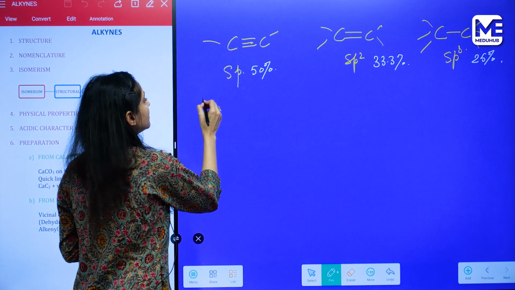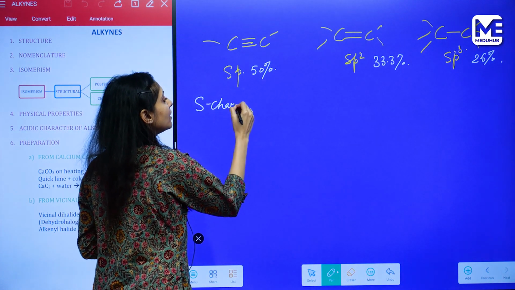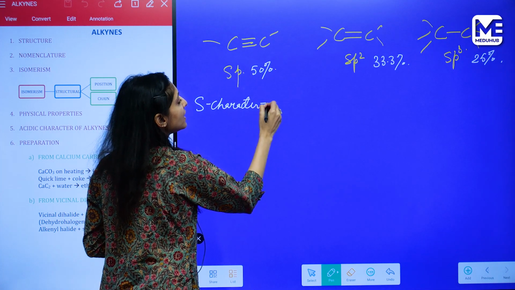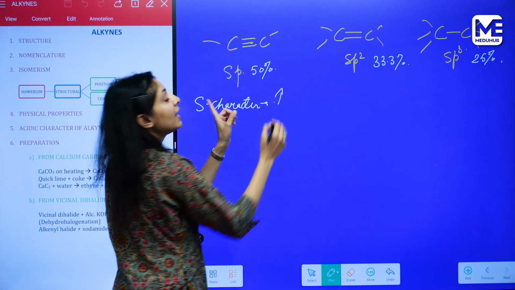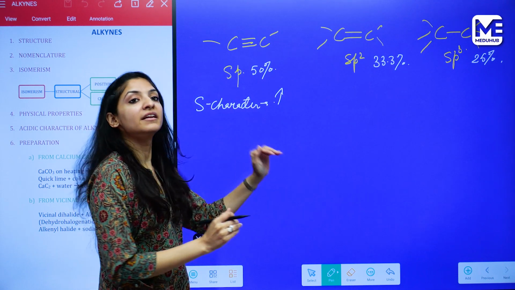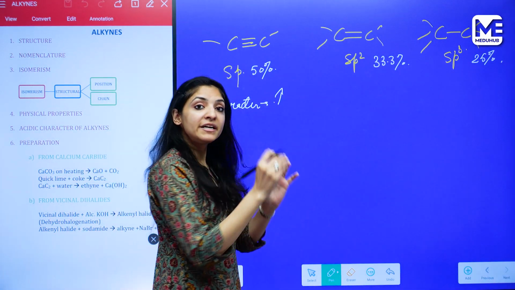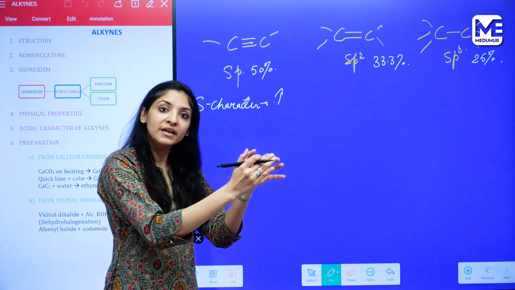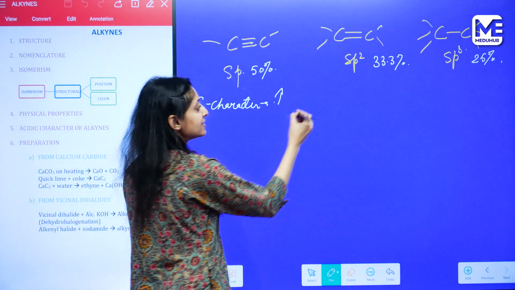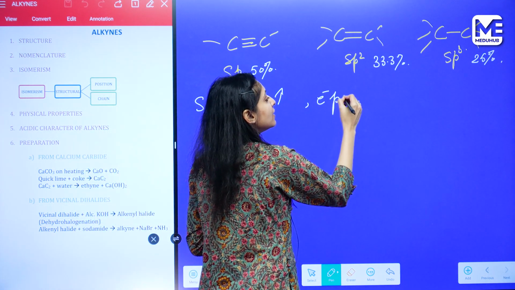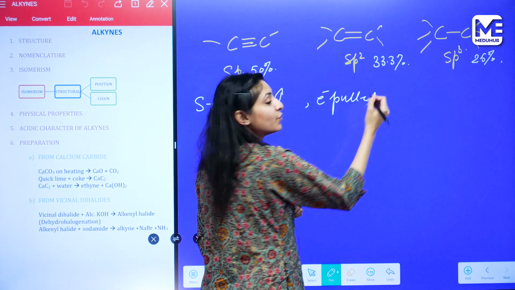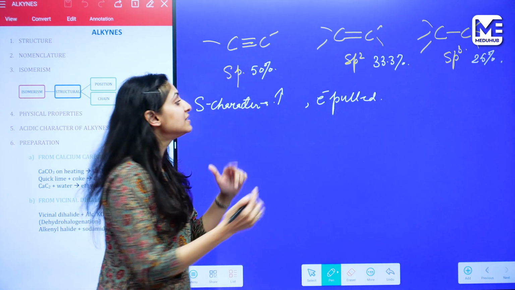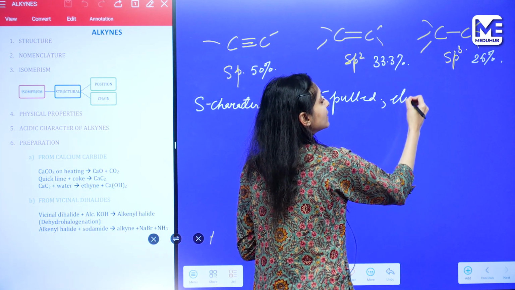The s character is the maximum in alkynes, and because the s character increases, the ability of the nucleus to pull the electrons towards itself increases. Electrons are pulled with more force, which means the electronegativity of this carbon increases.